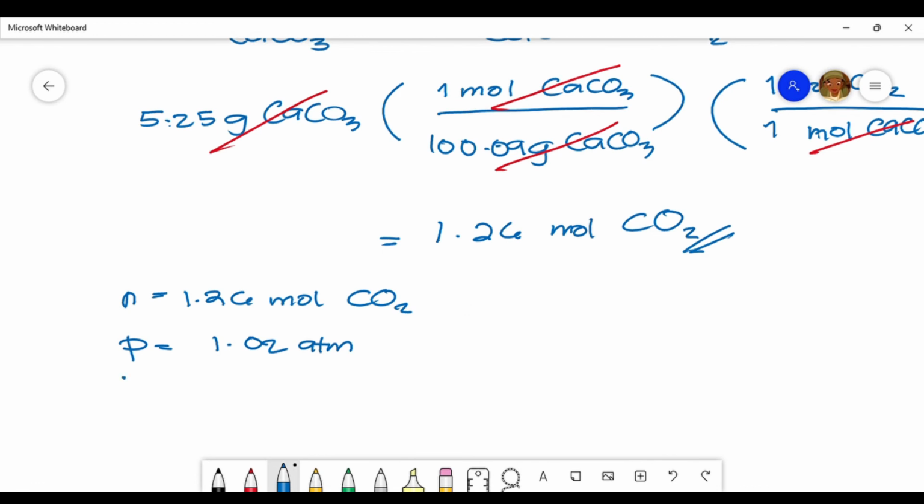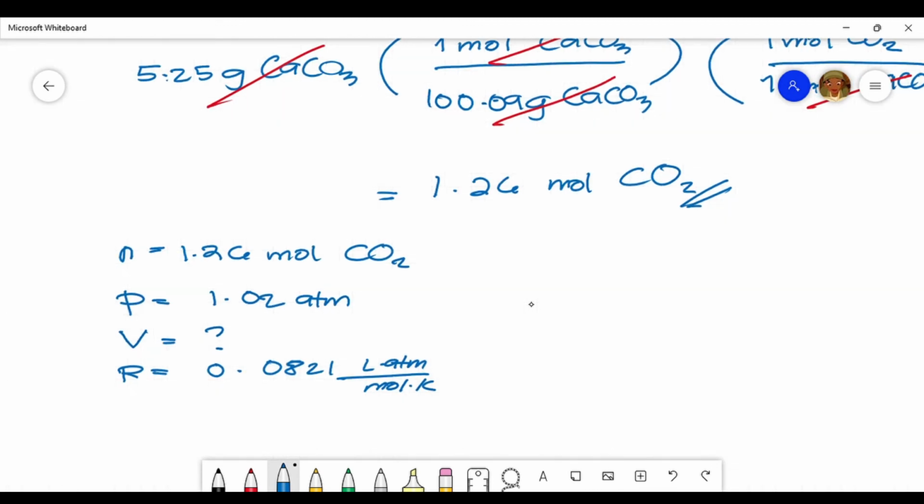Our volume is what we're looking for. Our R is, since it's atm, let's use the first R constant, 0.0821 L·atm over mole·K. And then the temperature is 25 degrees Celsius, but we always want it in Kelvin, so we add 273, and we have 298 Kelvin.